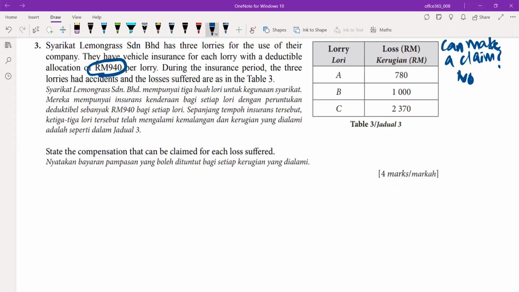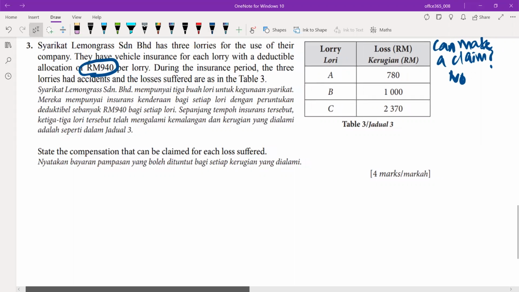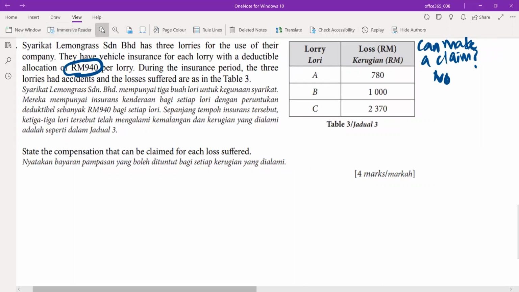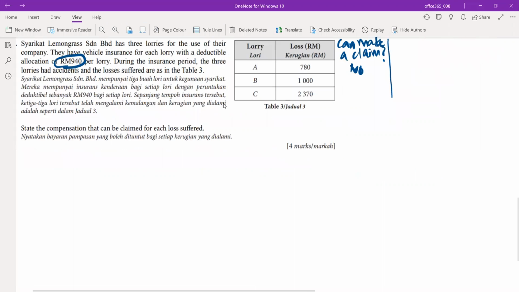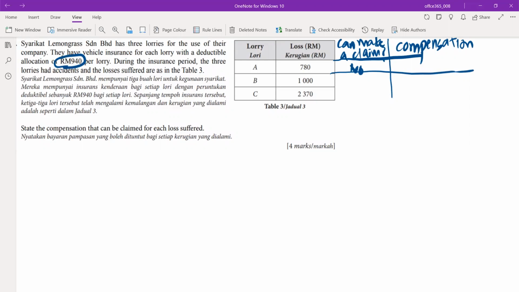This one, no. Why? Why can't it make the claim? You have to know, very simple. Whereby compensation, of course, also no for the other. But this one can make a claim, yes. This one also yes.